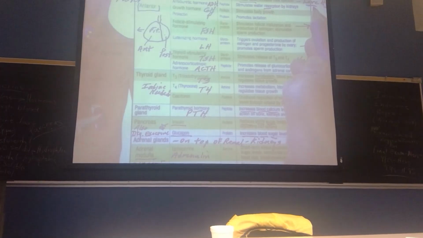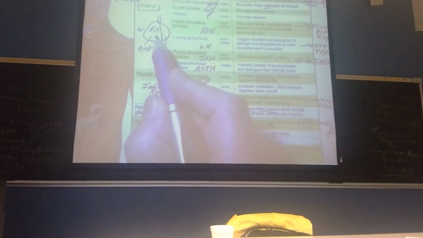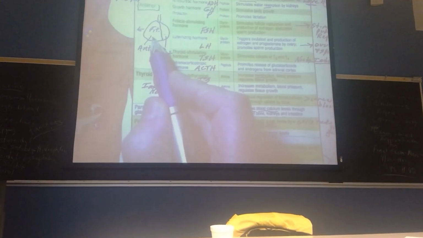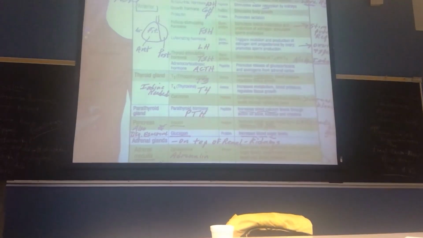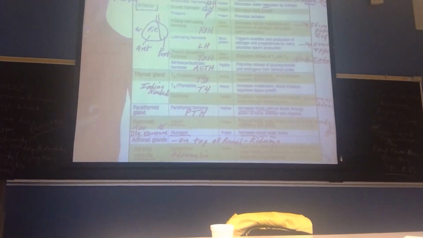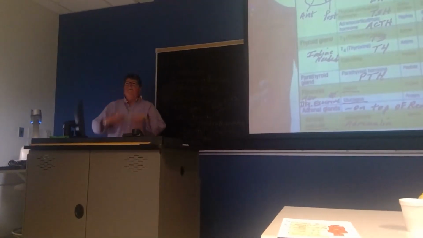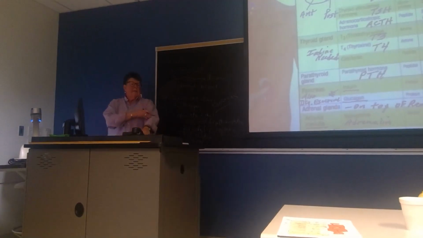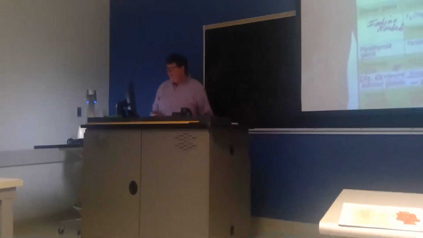Now let's concentrate on the anterior pituitary because it secretes the most hormones. GH for growth hormone. When we were young, we had more of this constantly being secreted, to lengthen the bones and make us grow.